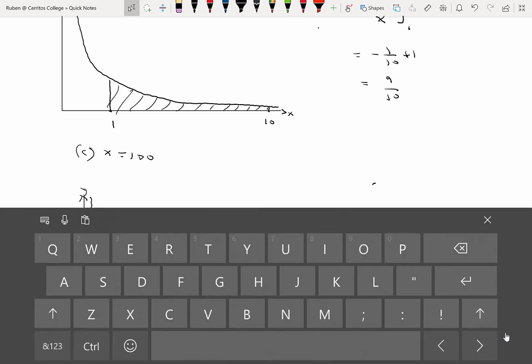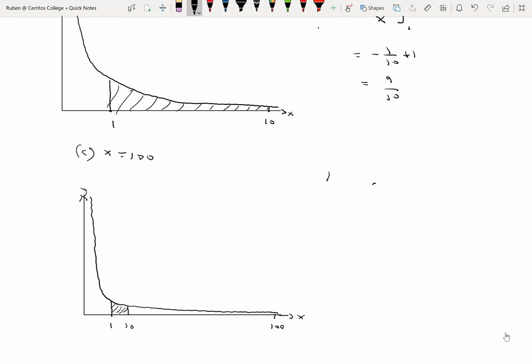Well, let's not get too far ahead of ourselves here. The area is then the integral between 1 and 100 of 1 over x squared. The antiderivative doesn't change. It's negative 1 over x. Let me clean that up just a little bit.